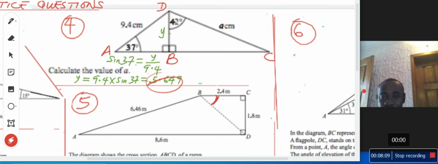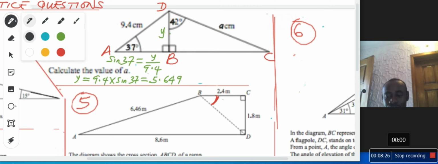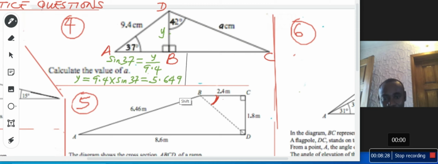Let's go. How do we now get A? It means we found Y. We found the adjacent for this triangle now. Then you do cos. Since we have now found the adjacent, we do cos 42. Exactly.